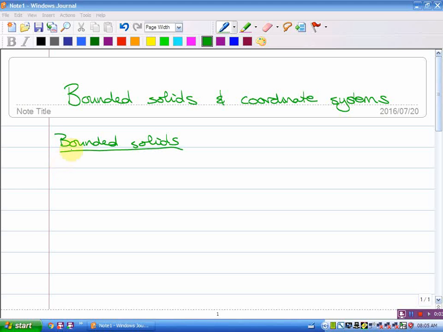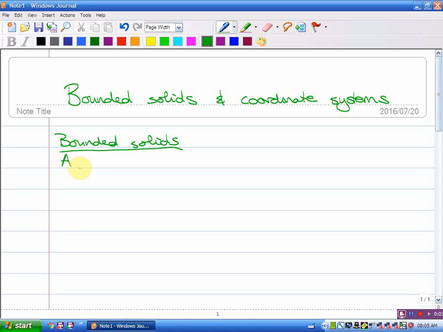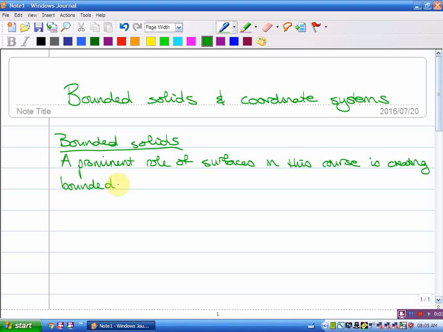I'll basically write what I've just said. A prominent role of surfaces in the course is creating bounded solids. So basically three-dimensional regions, but we often call those solids. It's creating bounded solids by intersecting surfaces.